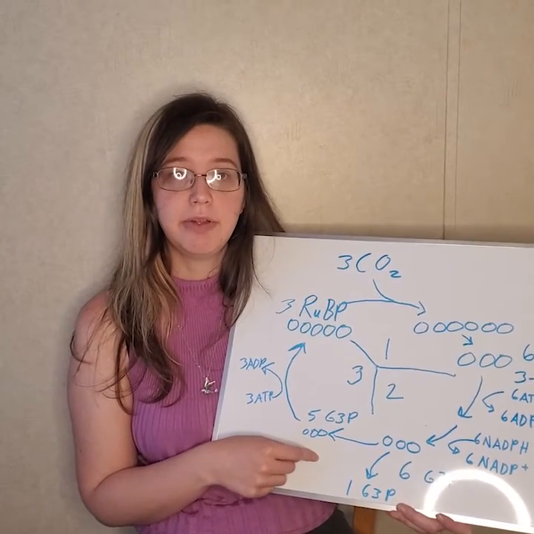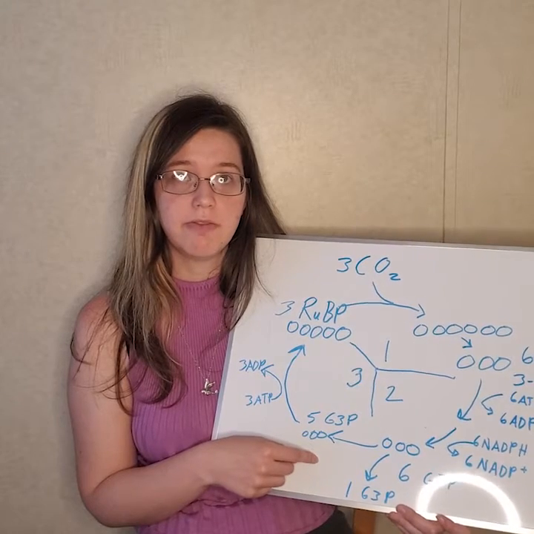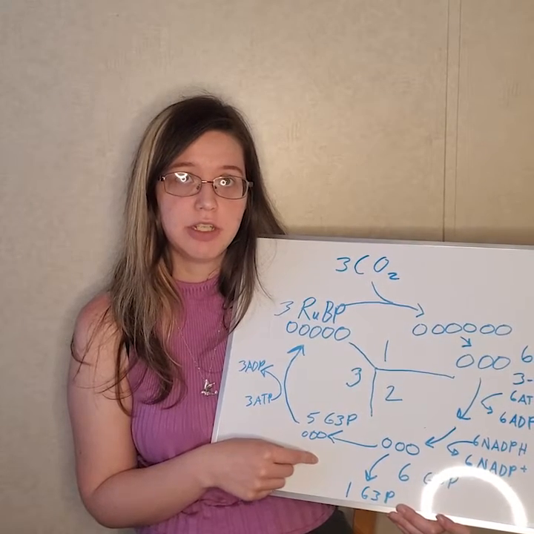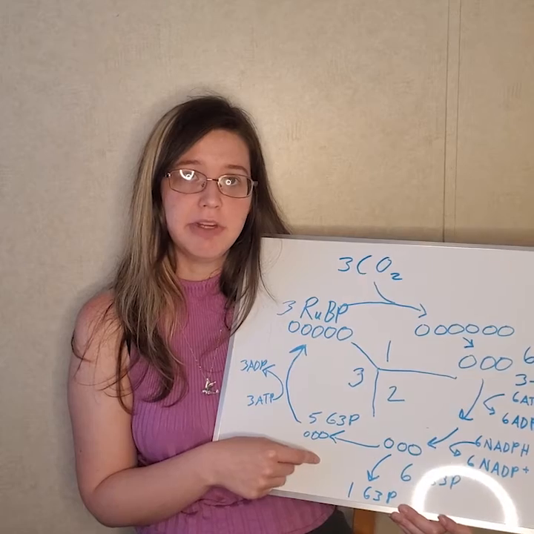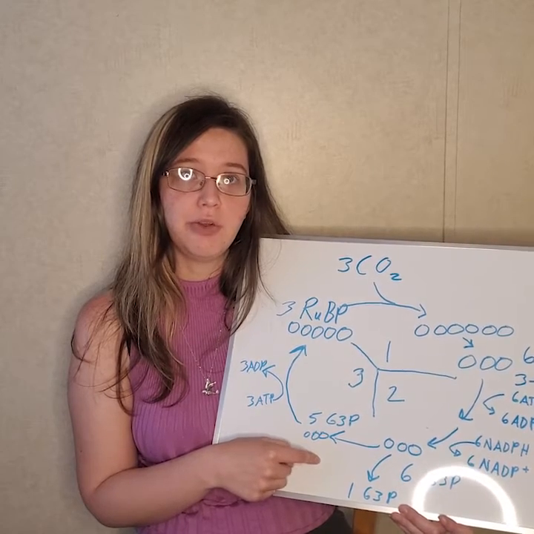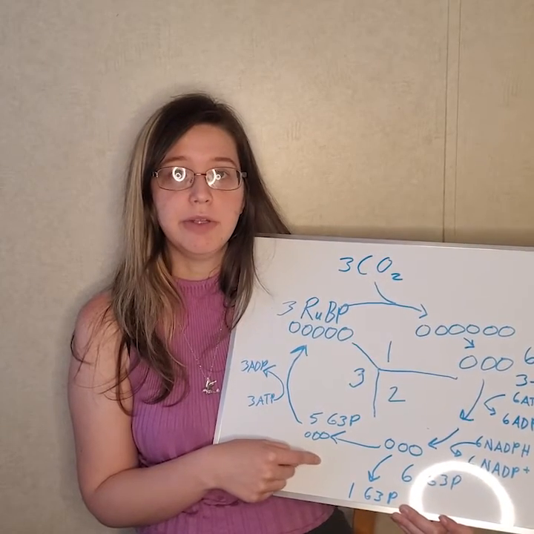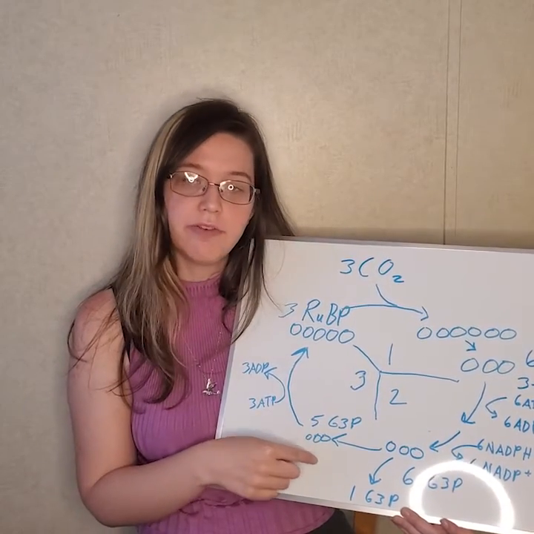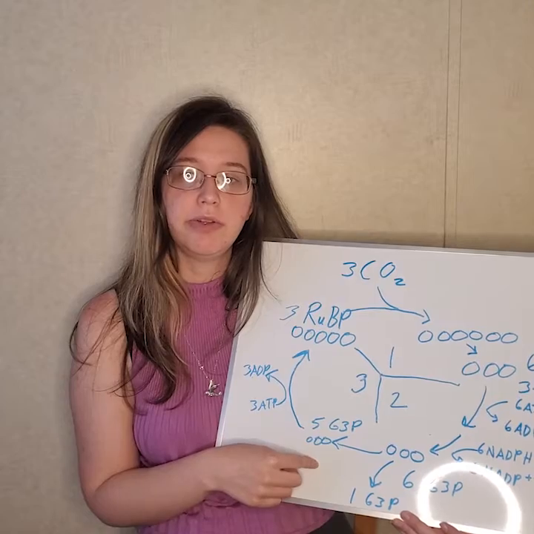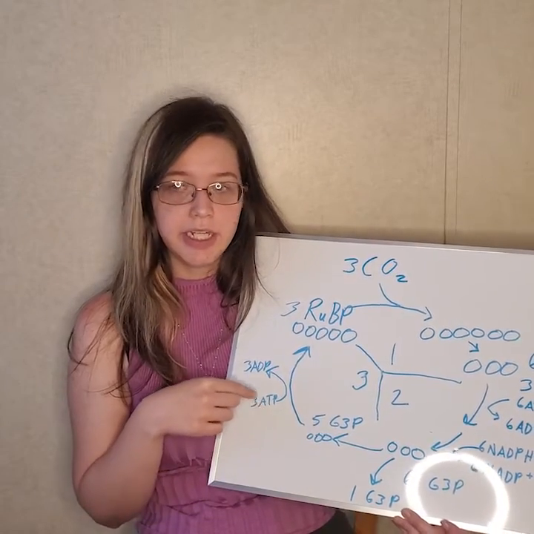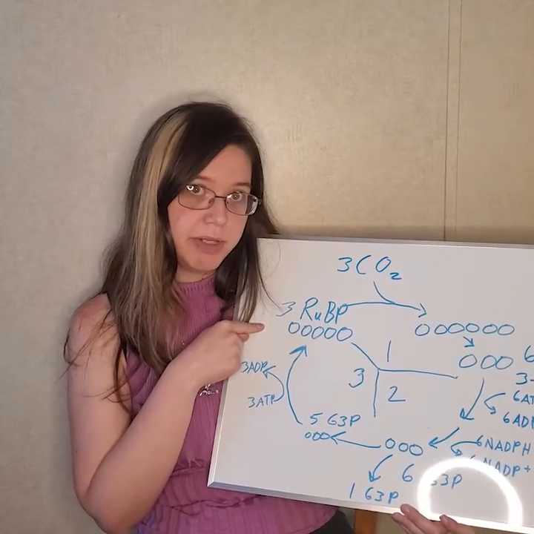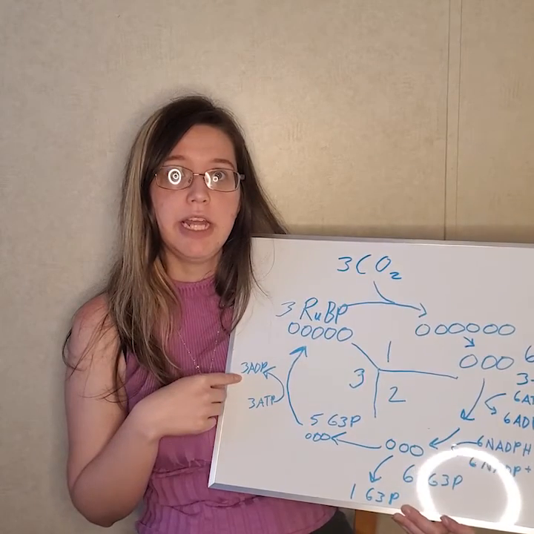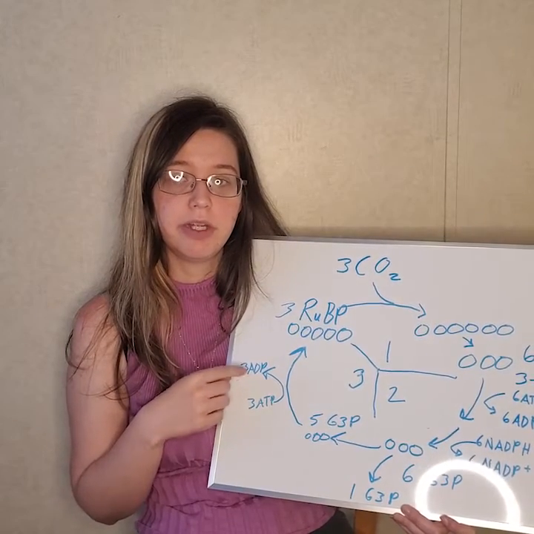The last step of the Calvin cycle is called regeneration. And this is because we regenerate those RuBPs that were used in the beginning here. So we take those 5 G3P molecules and regenerate RuBP using 3 ATP molecules.